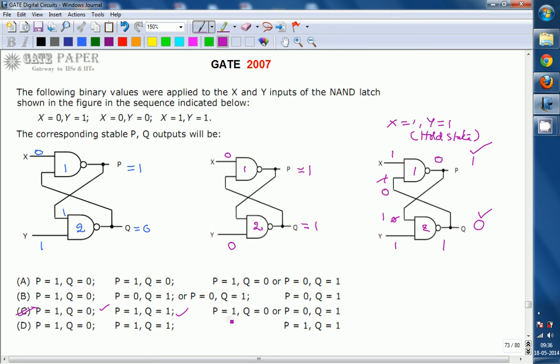Next, whenever X is equal to 1, Y is equal to 1, depending on the P and Q values the state will hold: if PQ is 1 0, the output will be 1 0; if PQ is equal to 0 1, the output will be 0 1. So this is the answer. The right answer for the question is C. Okay, so C is the right answer.